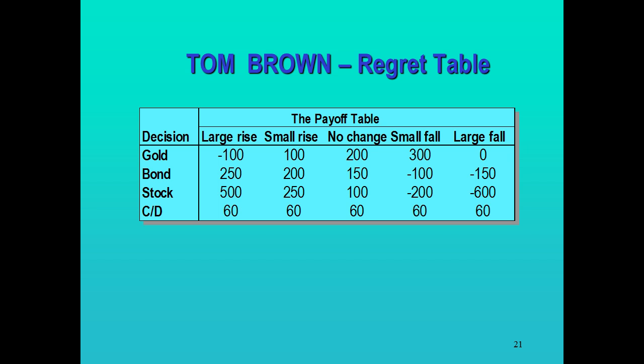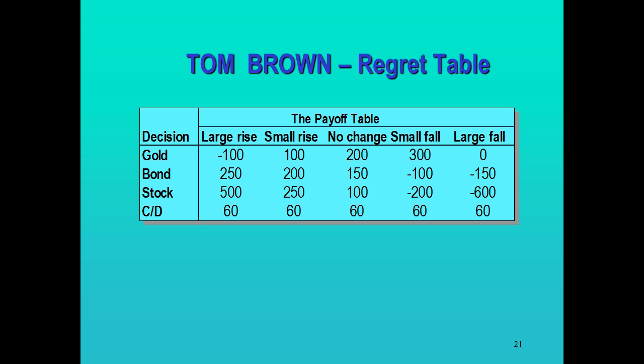Stock. So how much regret do I feel if I made the best decision? None, right? I made the best possible decision. So for stock in a large rise, my regret is 0.